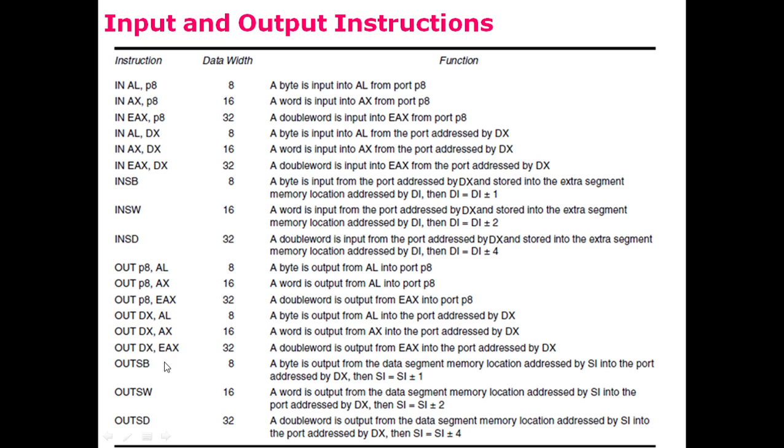So DX register is not shown here, just like it was not shown here, but this DX register implicitly provides the input and output port address. Similarly, the other two instructions send 16-bit and 32-bit data from the data segment memory location addressed by source index register, and the data is sent to input ports designated by the register DX.